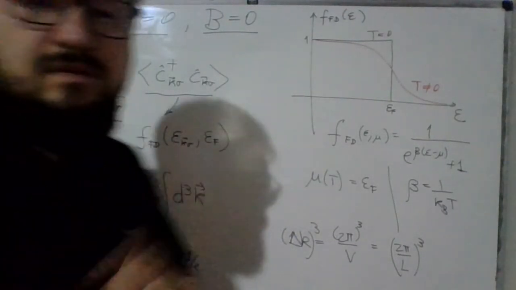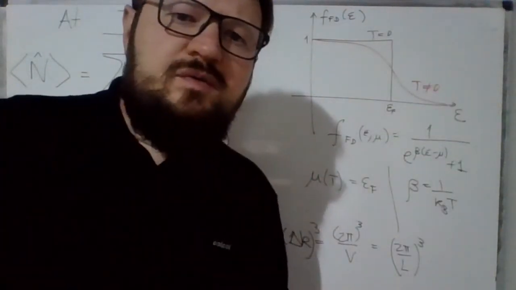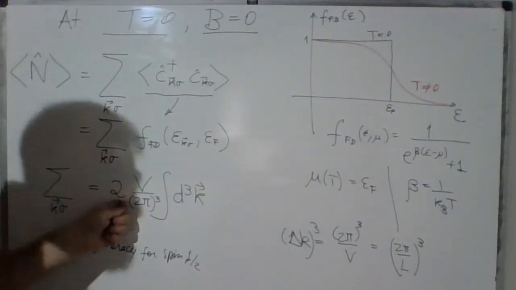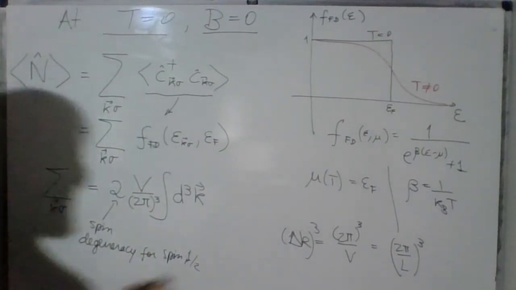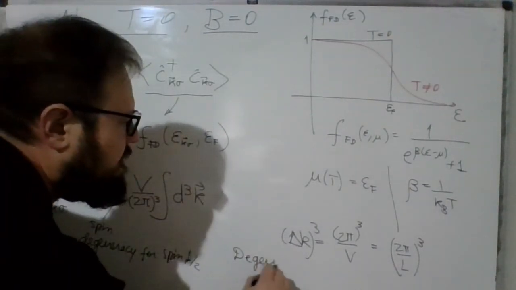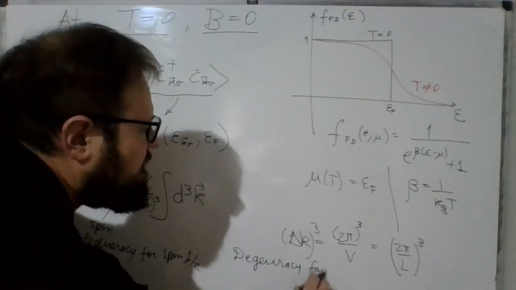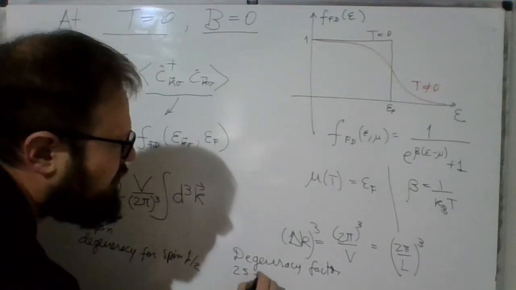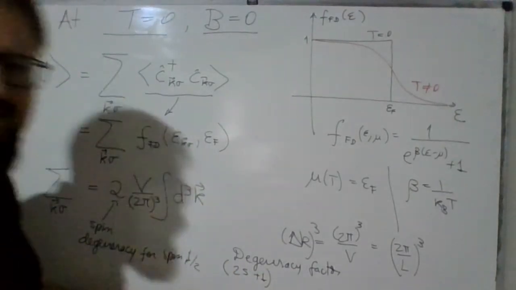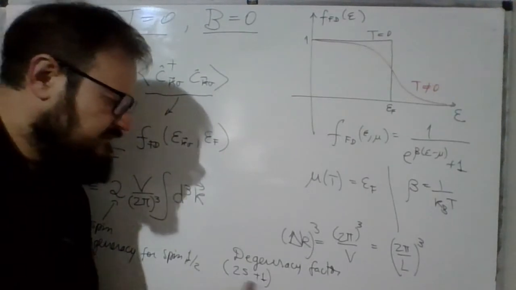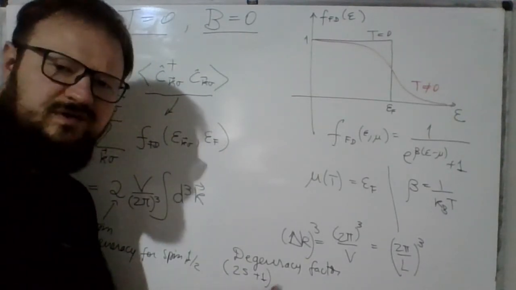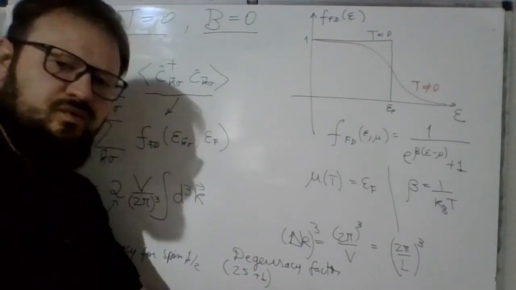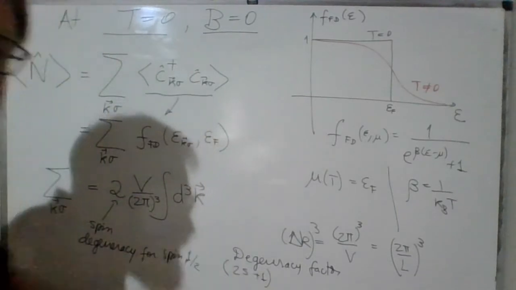If you have a particle of spin 3/2, the degeneracy factor is 4, and the degeneracy factor corresponds to twice the spin of the particle plus 1. So for spin 1/2, you have 2 times 1/2 plus 1, which is 2. For 3/2, we have 4. For 5/2, you would have a 6, and so on and so forth.